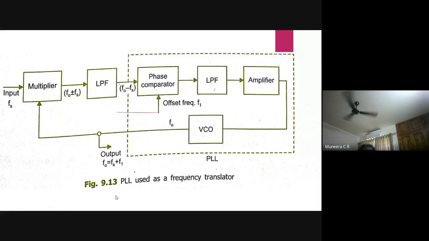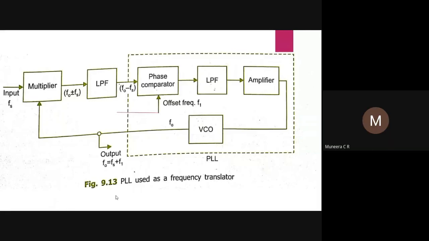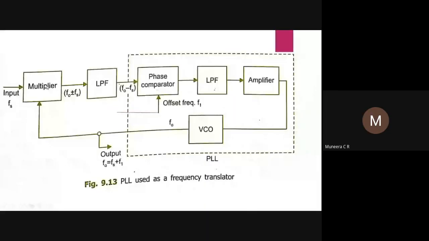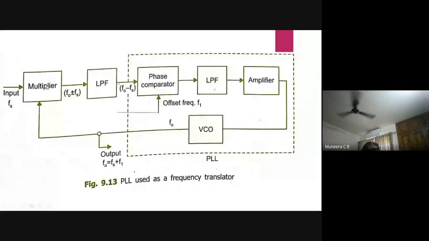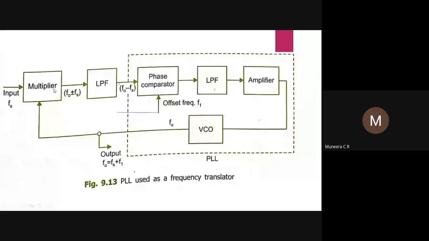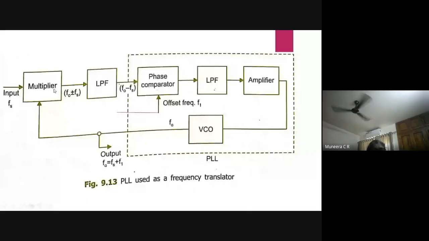Similarly, we can transfer the information to some other frequencies. Here, the external circuitry consists of a multiplier and a low pass filter. The VCO signal is given to the multiplier.